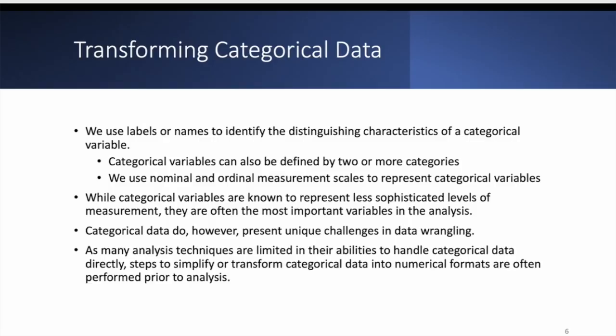Examples of this are marital status: single, married, widow, divorced, etc., and the performance of the manager: excellent, good, fair, poor. And as we said in chapter 1, we use nominal and ordinal measurement scales to represent categorical variables. The measurement scales for marital status and performance of the manager are nominal and ordinal respectively. So the marital status is nominal, but the performance of the manager is ordinal.